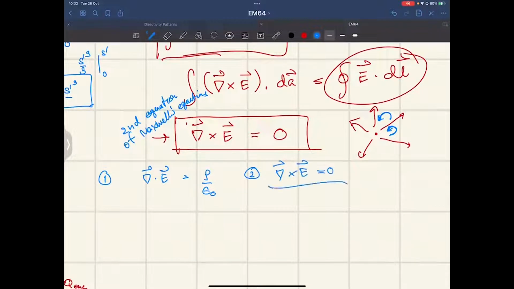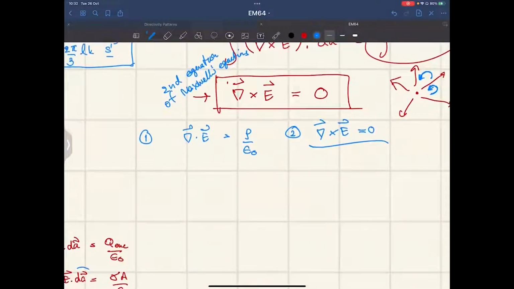And this thing is actually very important. Since it's equal to 0, we can actually introduce another parameter. From this condition, we can introduce what you call electrical potential.